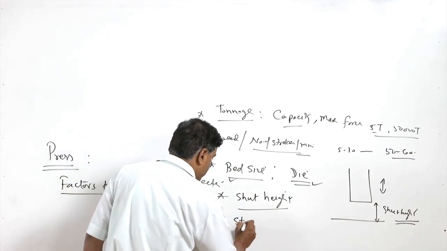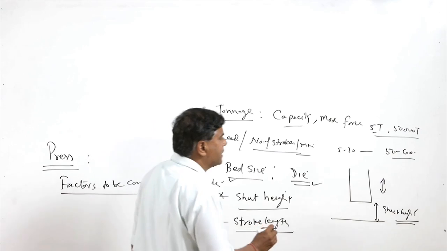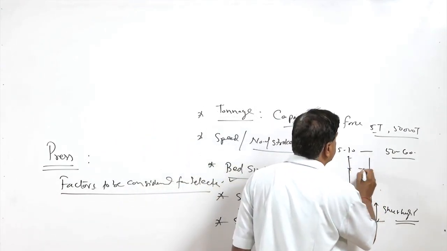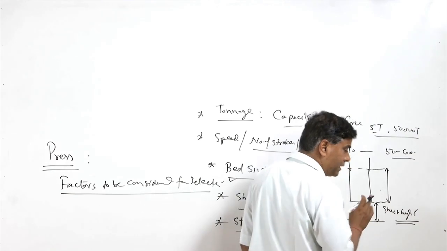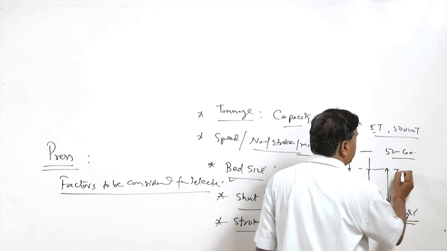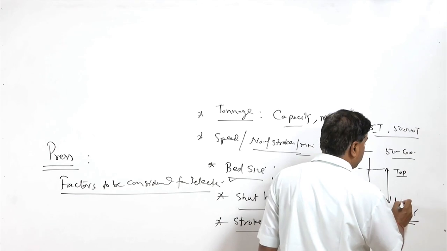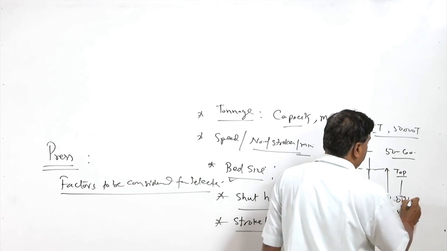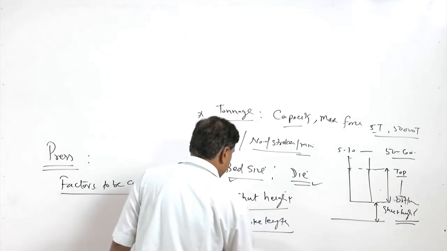Then the stroke length. Stroke length indicates the extent of the movement of the ram, like from its uppermost position to its lowermost position; this movement is called the stroke length. So, the top to the bottom, whatever is the movement of the ram in a stroke, is called the stroke length.